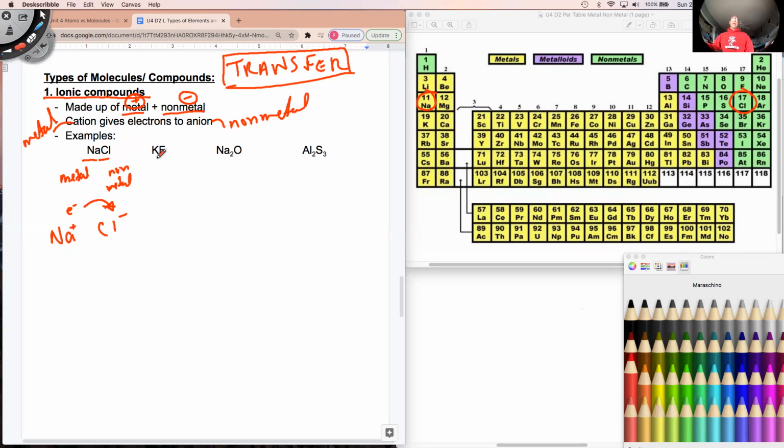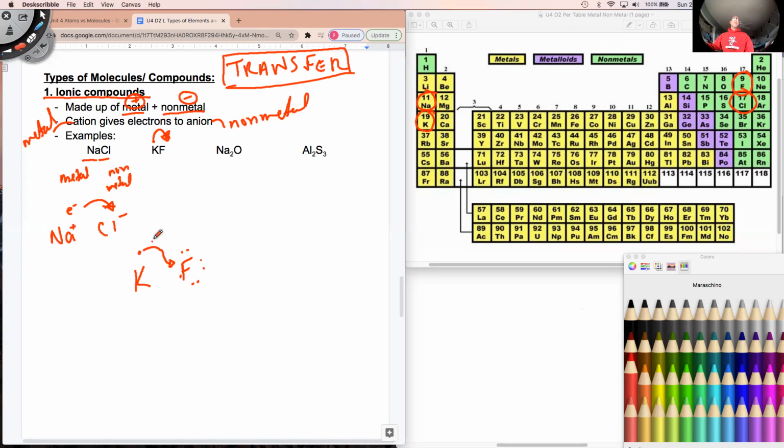If we take a look at KF, here's our K, here's our F, pretty much exactly the same as sodium chloride. You'd have the same situation. You'd have the K giving electrons to the fluorine. So the potassium, which has this one electron out here, and fluorine, this is why they make such great friends, the potassium is going to give the electron to fluorine.